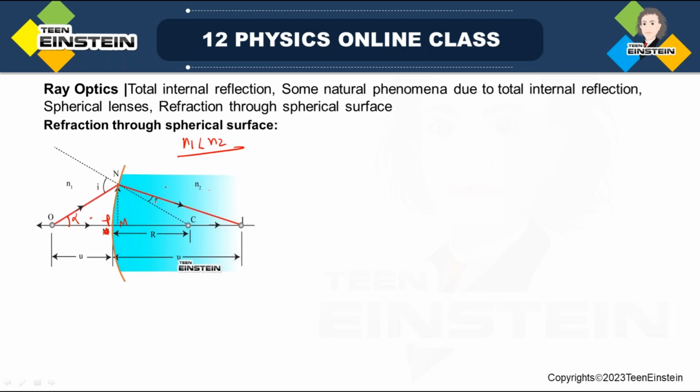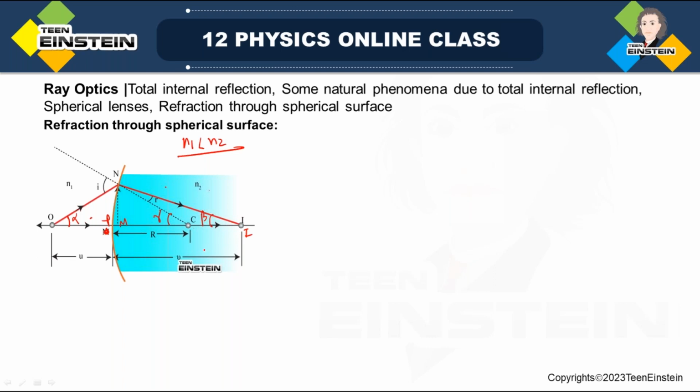This is the angle of refraction, let us take it as beta. This particular angle let us take as gamma. And here the image has been formed, so let us take this as image I.